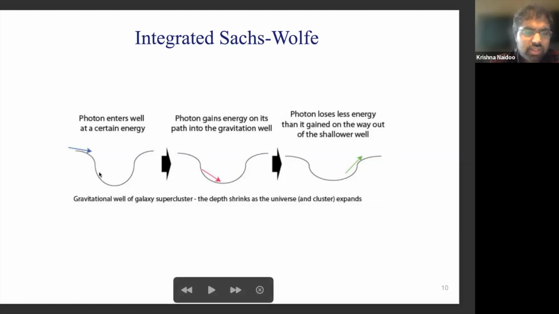If you imagine a large overdensity, a photon enters it and gains energy as it comes into the potential well. But because this potential is decaying, it actually needs less energy to escape it. The net result is that this photon gains a bit of energy, and it makes this region of the CMB look a little bit hotter.